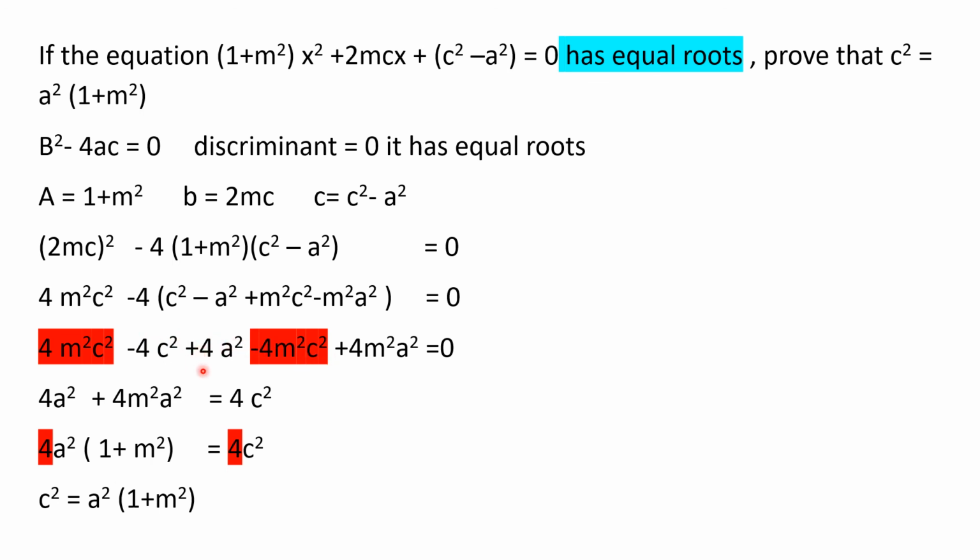You will get 4a square plus 4m square a square equal to 4c square. Take 4a square out, you will get 1 plus m square equal to 4c square. Cancel 4, you will get c square equal to a square into 1 plus m square.